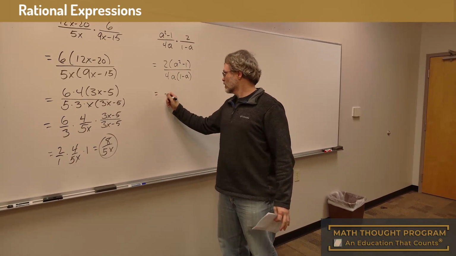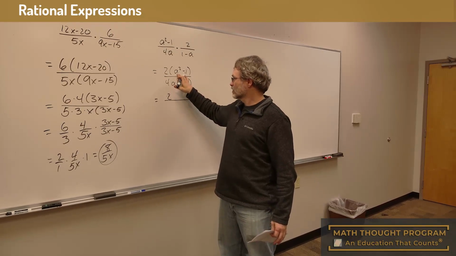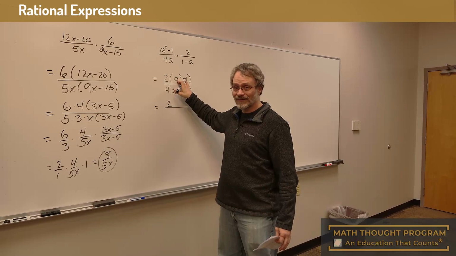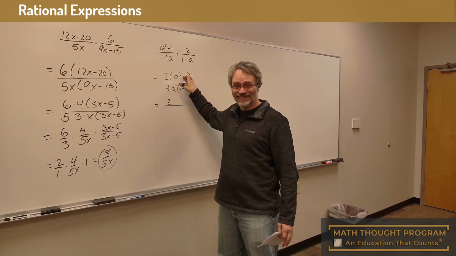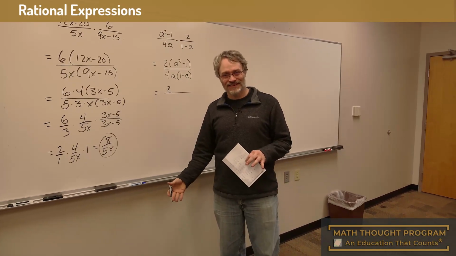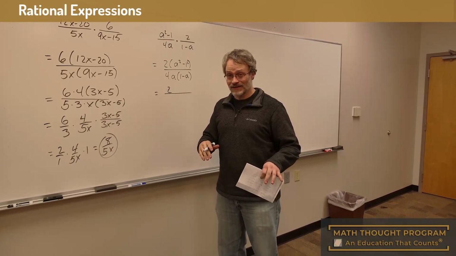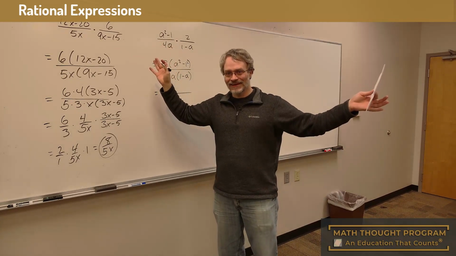So the next step here is I want to factor. And notice what we have. We have a square, and we got a difference. So what property is this? If I have a square minus a square. You think it's the hippopotamus property?